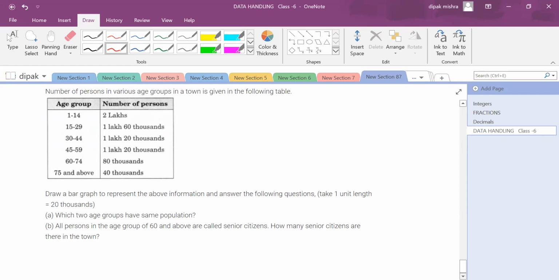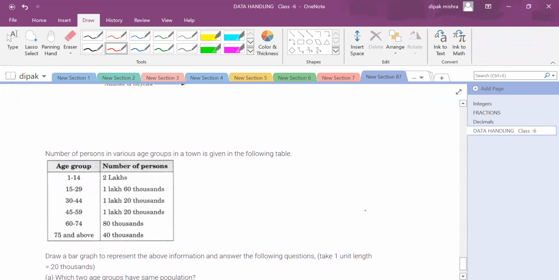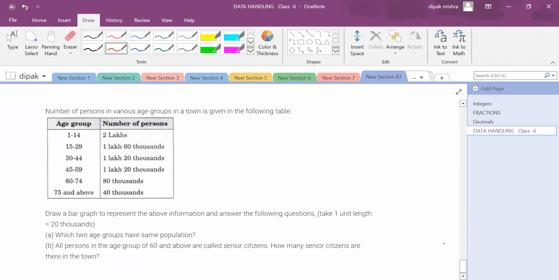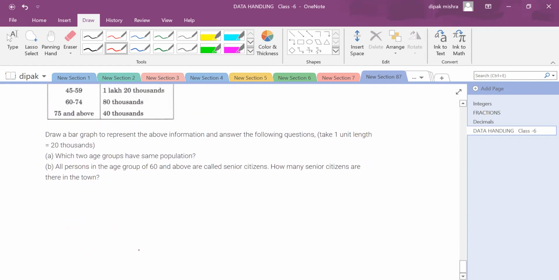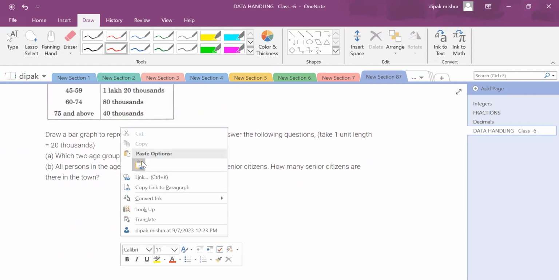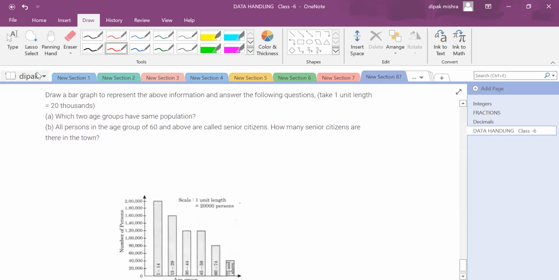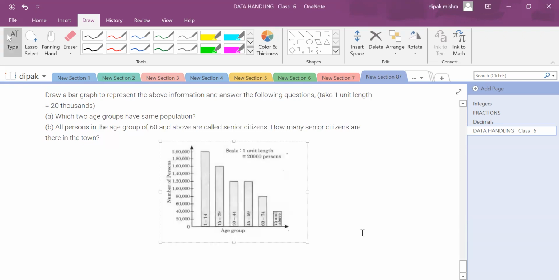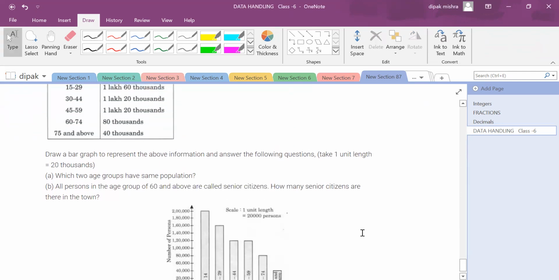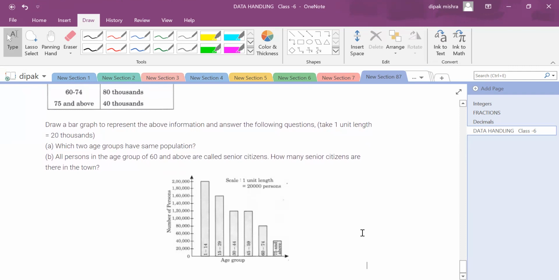How do you draw a bar graph? As in the previous question, you can draw the bar graph horizontally as well as vertically by putting it properly. So this time I'll do it vertically, and let's interpret the graph now properly. So I've drawn a bar graph for you. 1 to 14 is how much?